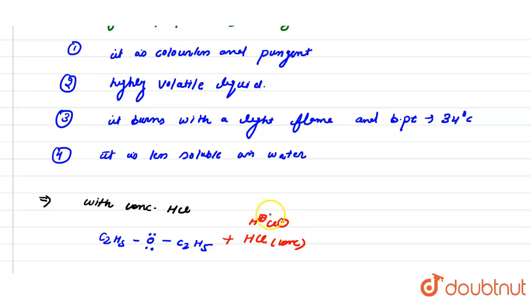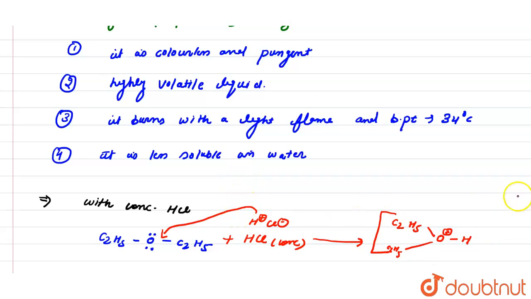So this hydrogen will attack at the oxygen position, and it forms the oxonium salt, C2H5OC2H5 with H, where oxygen now has the positive charge, and Cl negative.